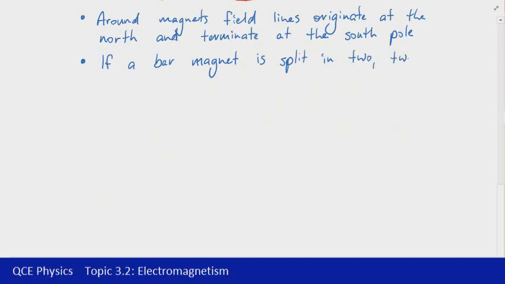So two smaller magnets are produced, and the field lines would then be similarly structured, so out of the north and into the south. And so we're not going to see those singular poles, and we'll have instead two smaller bar magnets.